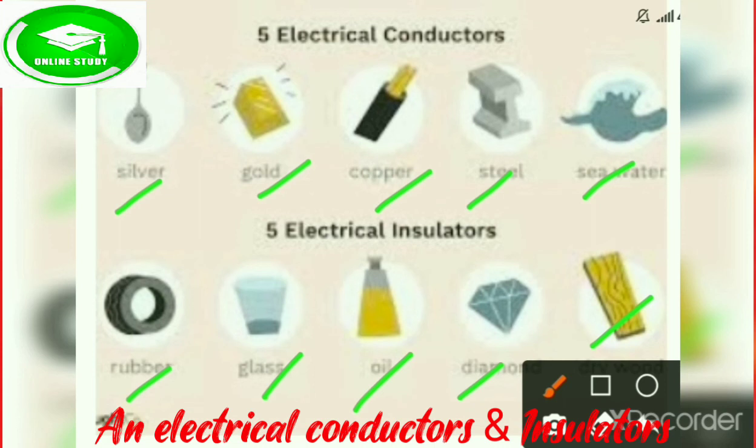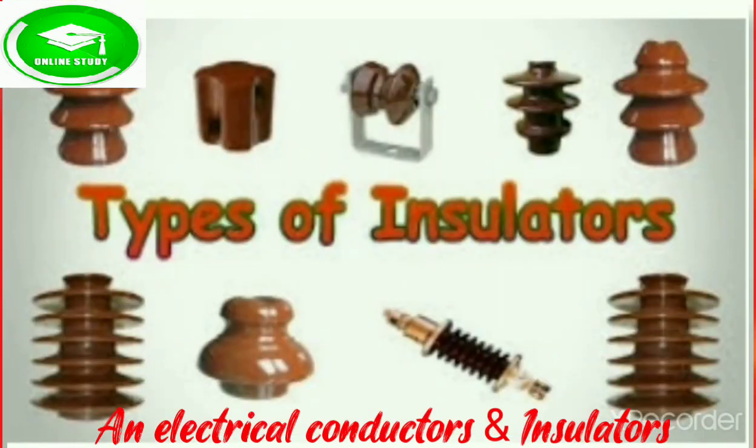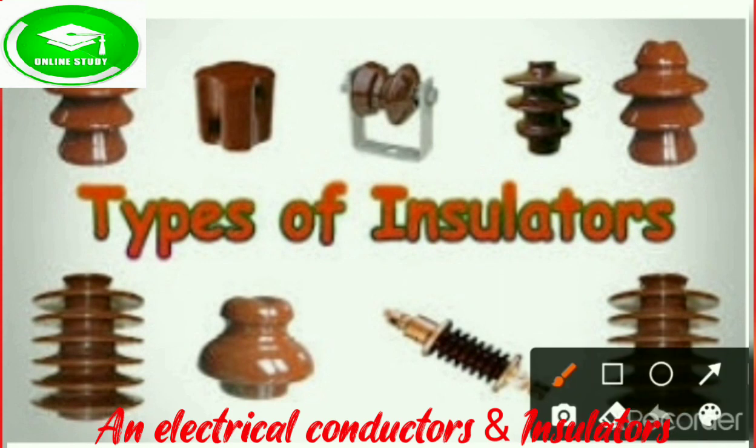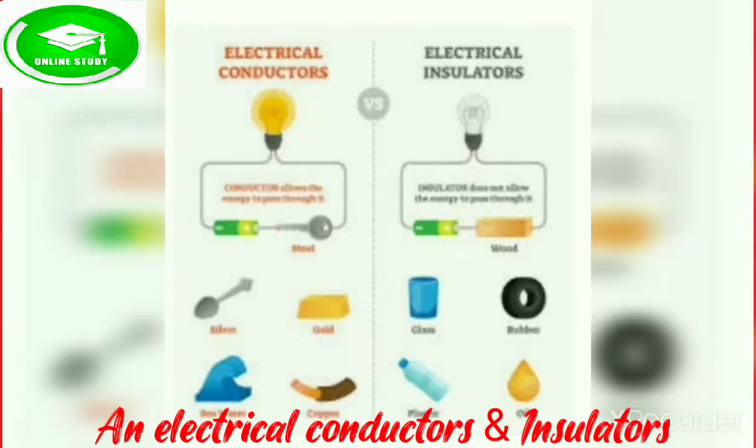It is because rubber does not allow the current to pass through the electrician's body. Here you can see different types of insulators. There are so many different types of insulators. You must have seen that electrical tools like screwdrivers and pliers have a plastic coating. It is used to safeguard the user from possible electric shocks.